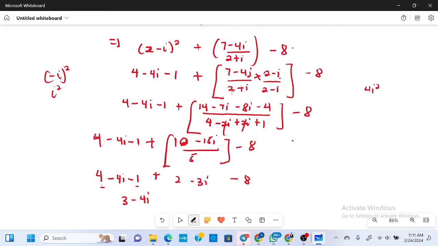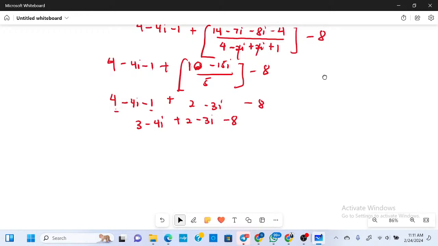So 3 minus 4i plus, so it's 2 minus 3i, minus 8. Then at this point, I will get 3 plus 2, which is 5. So let me get 5 minus 7i minus 8.